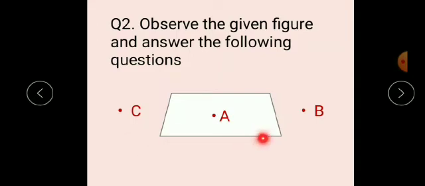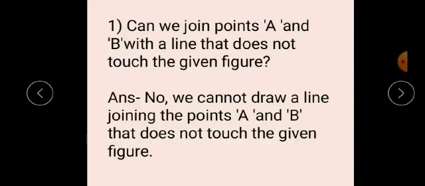This is a figure and the question is, can we join points A and B? Now see, this is point A and this is point B. Can we join these 2 points with a line that does not touch the given figure? No, because if we join point A and point B, then the line will touch from this side.